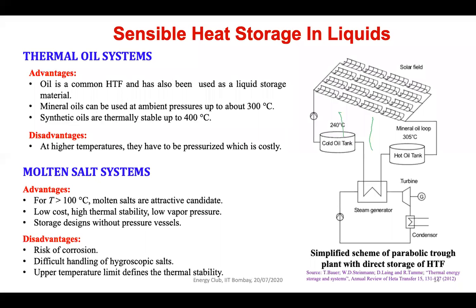Also, if it is operating at something like 600 or 700 degrees centigrade, then normal steel will not work. So somebody has to use Inconel or some other stainless steel grade, something like SS316L maybe. But the cost will be high at that high temperature.